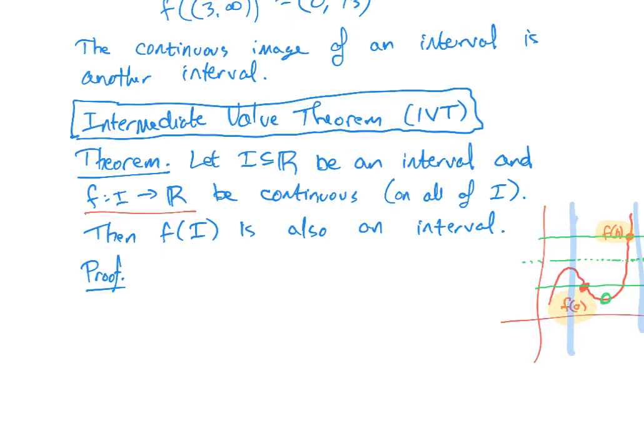So think about it as soon as we write down what we're actually going to show here. Okay, so we need to show that the set of values, so that's the set f of I, satisfies the betweenness property.